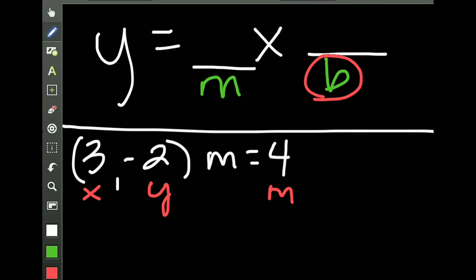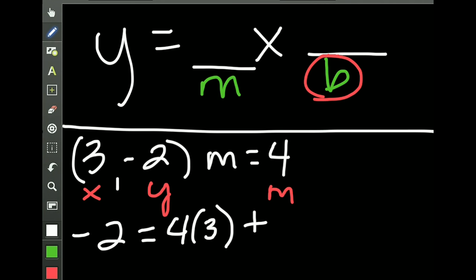So Killian, instead of letters, we're going to plug in numbers for everything but B. What's your Y value? -2. So -2 equals, what's your M? 4. And we multiply that by our X value, which is 3. Then we add the one letter we don't know, B. We don't have a value for that.